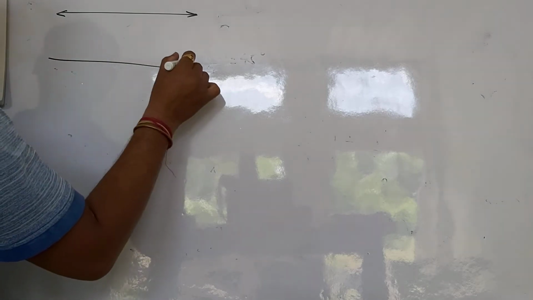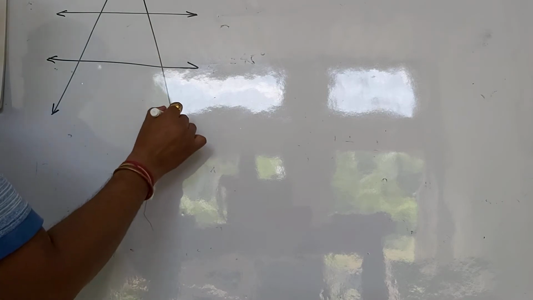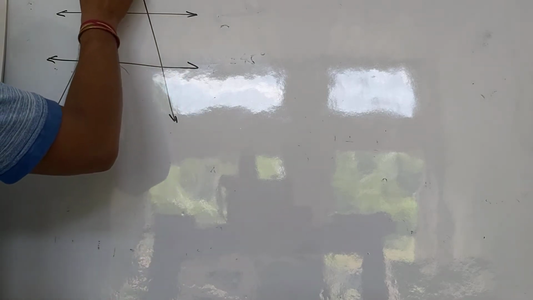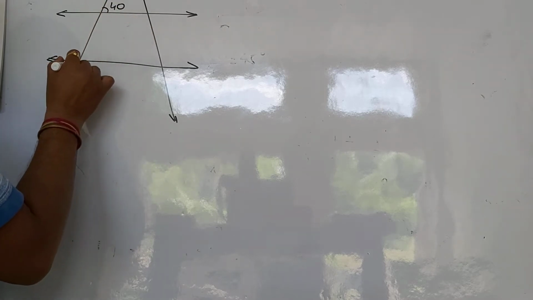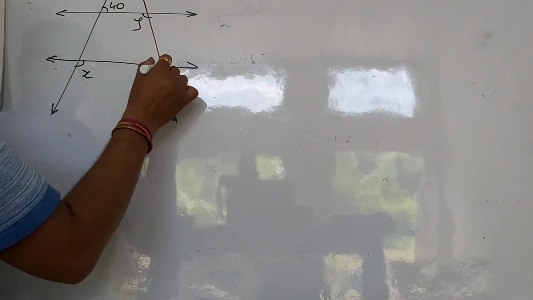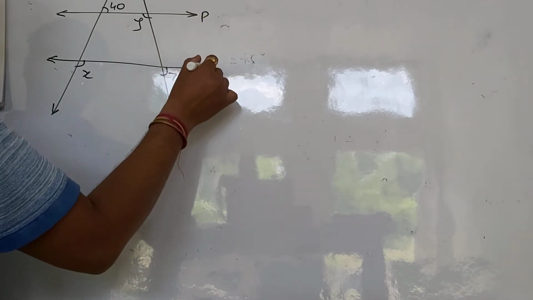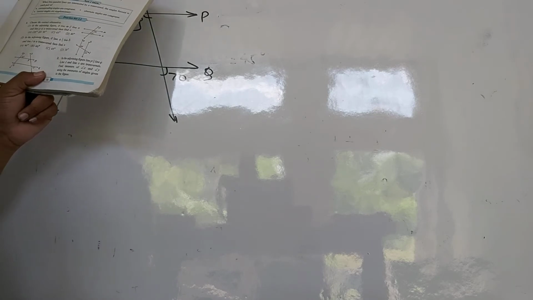Two parallel lines are there, two transversals are there. Here it is T, here it is S, here 40, this is X, then Y, then 70, this is P and this is Q. First of all, you have to find the value of X and Y.